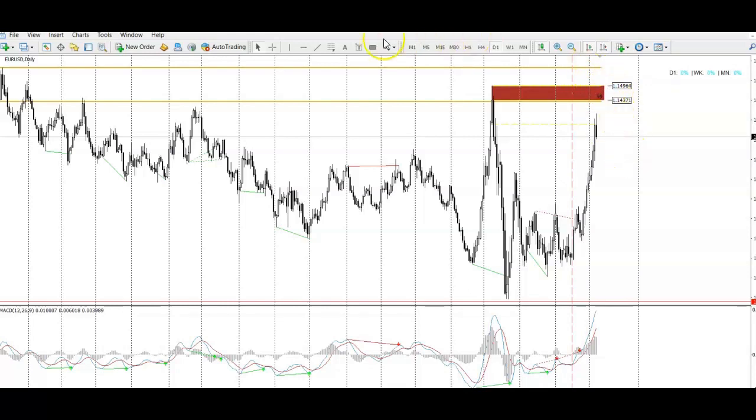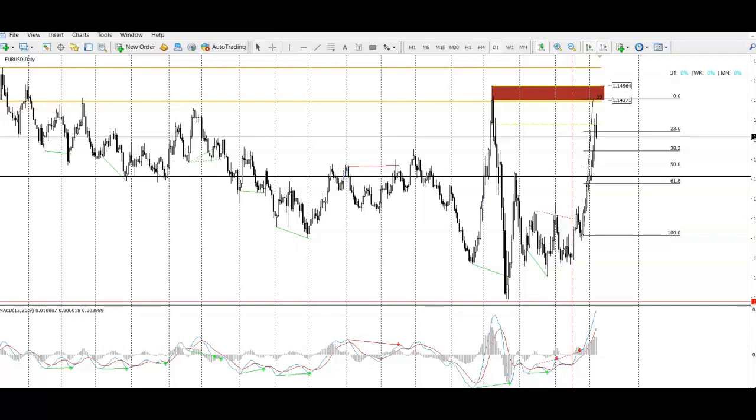For take profit, I'm going to use a fib take profit here, because if it comes up to here, we'll be off this huge leg up, and take profit is likely in around this area here. Take profit is going to be around 1.11. So 1.144, take profit 1.11. Like I said, pretty simple setup.